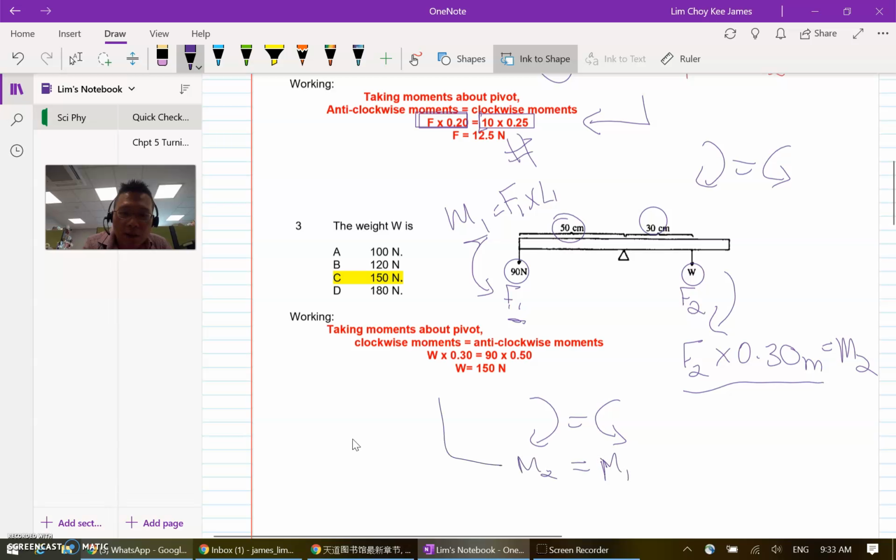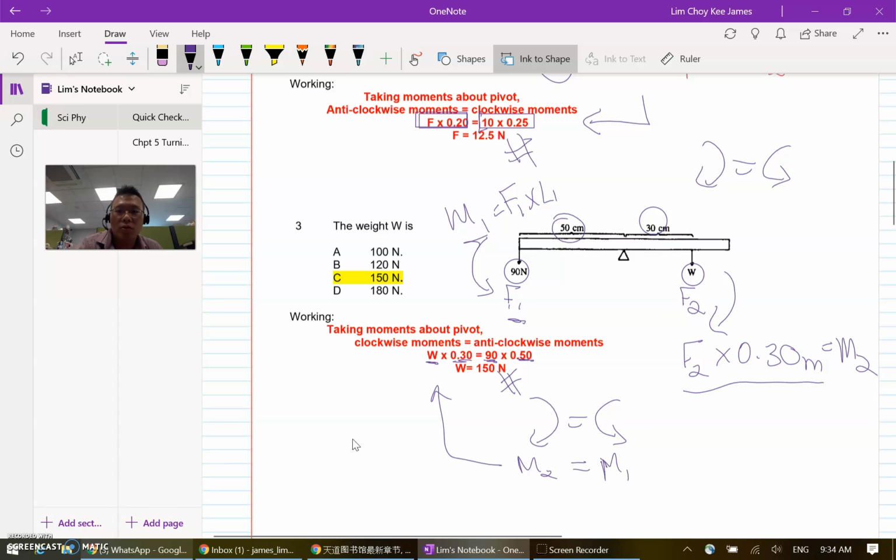So you will arrive at this equation: W multiplied by 0.3 equals 90, which is the magnitude for F1, multiplied by the distance, which is 0.5. The answer you work out will be 150 Newton, which is option C.